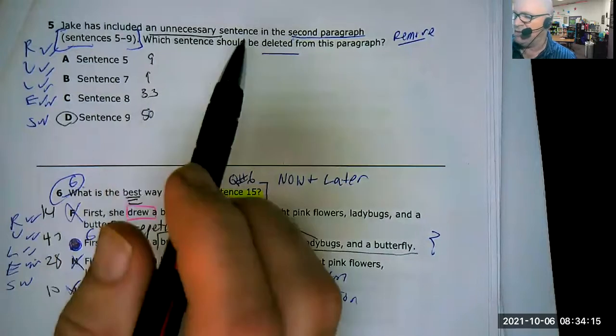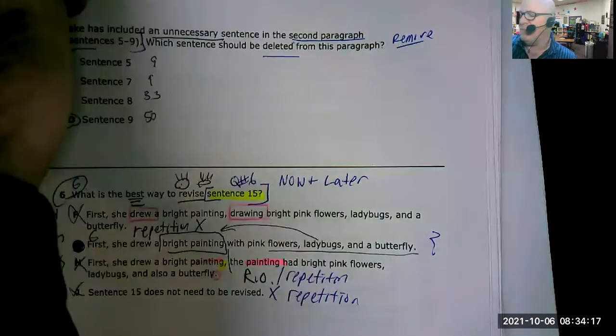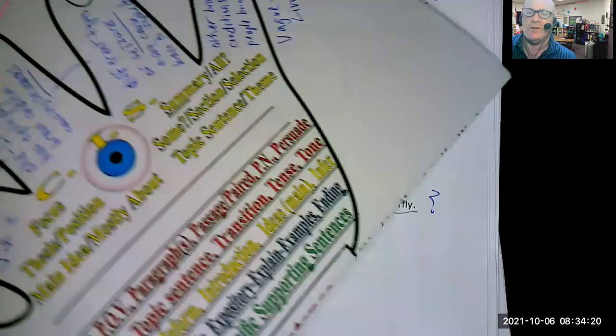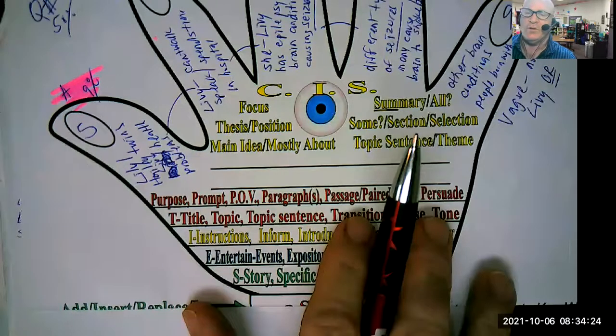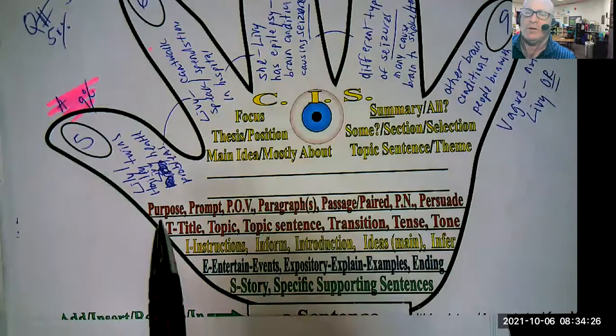So if you look at the top portion of my revising graphic organizer, it's got things to do with entire paragraphs, entire passages.